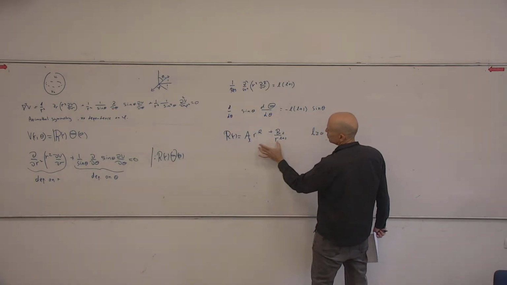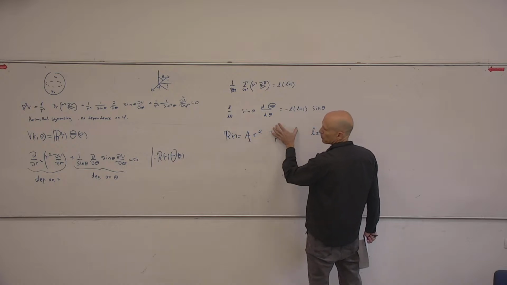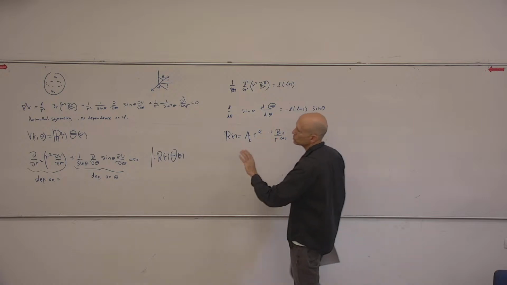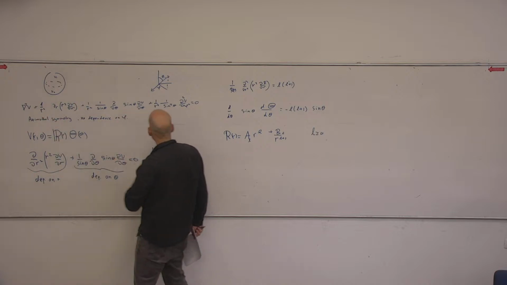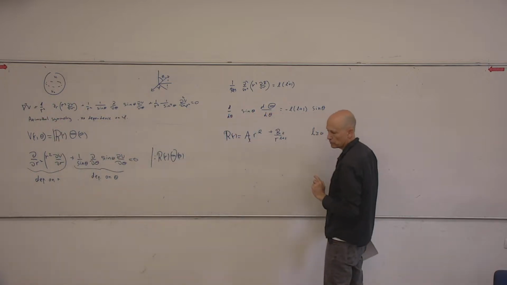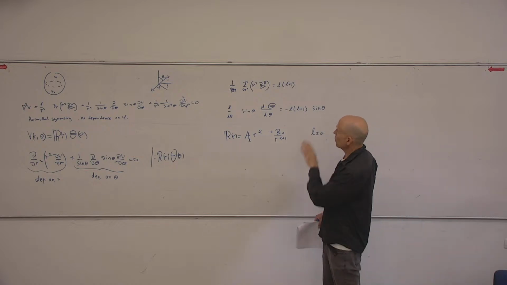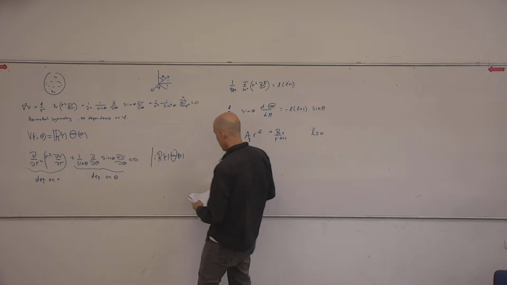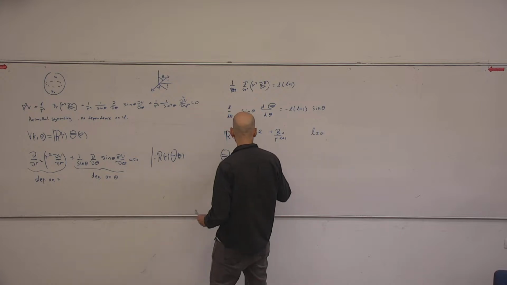So these are decaying solutions, these are increasing. This can be inside the object, this can be outside the object. So we solve the problem separately here and here, and the goal is to determine these coefficients. What is this Theta? It's also a well-known equation. I'm not solving it here, it is simply the Legendre polynomial of cosine theta.